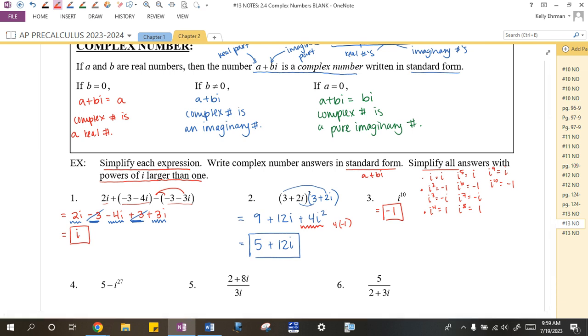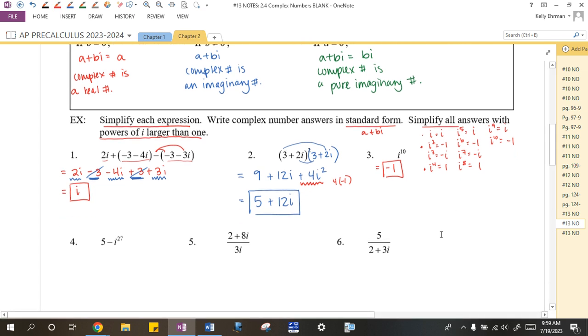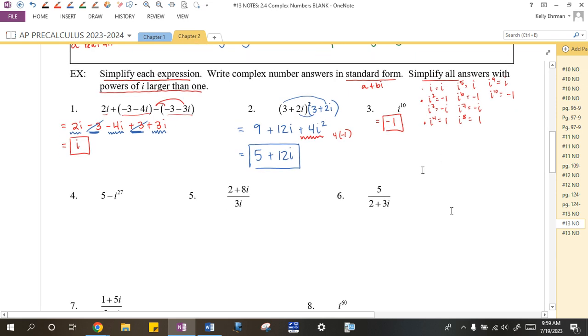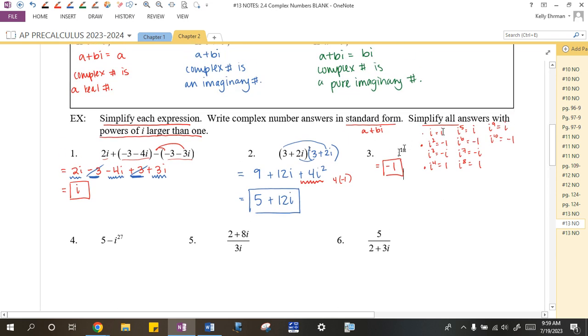What's the rule here? Because what if this was i to the 1 millionth? Am I going to write out this pattern of 4 until I get to a million? Hopefully not. That would be time consuming. Your answers for powers of i are either going to simplify down to i, negative 1, negative i, or 1. So you've got a 1 in 4 shot if you're just trying to guess. But if you want to do this without having to write out the pattern, because the pattern repeats every 4, you could say, what is 10 divided by 4?